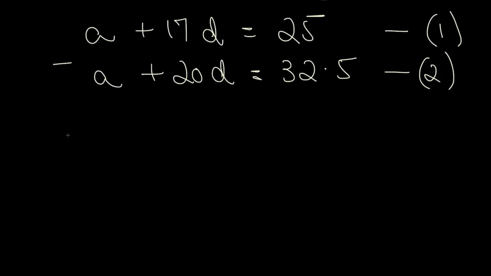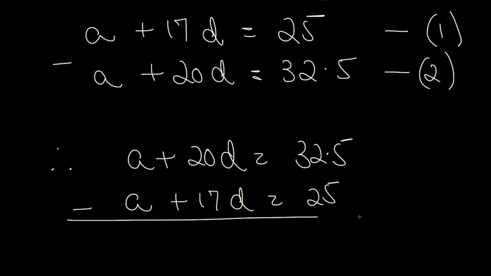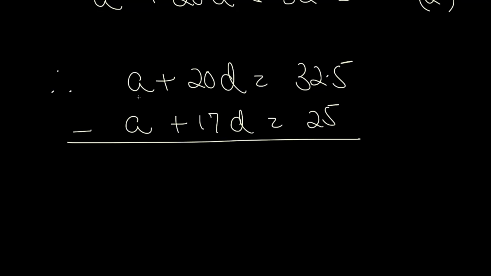So in that case, what we're doing here is A plus 20D equals 32.5. Then we have A plus 17D equals 25. We subtract the second equation from the first equation, and A minus A cancels out to give you 0. 20D minus 17D gives us 3D, and 32.5 minus 25 gives us 7.5.